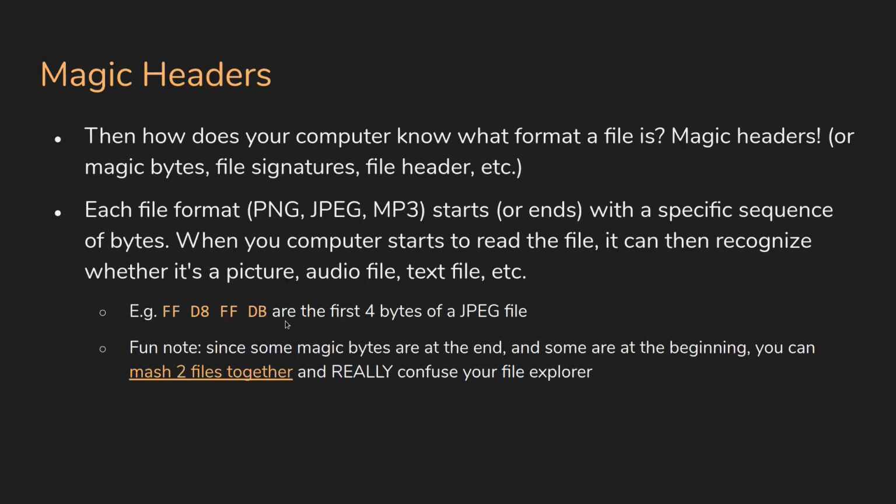For other file types, I think zip puts its file headers at the bottom. Zips have theirs at the bottom and JPEGs have theirs at the top. So you can concatenate a JPEG and a zip file together to confuse your computer, because I think it'll start looking from the top and show you that it's a JPEG.